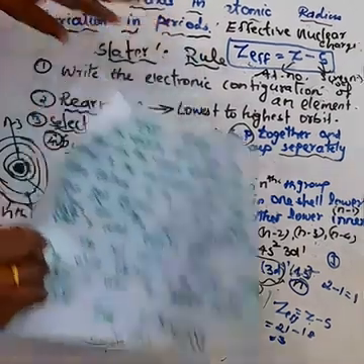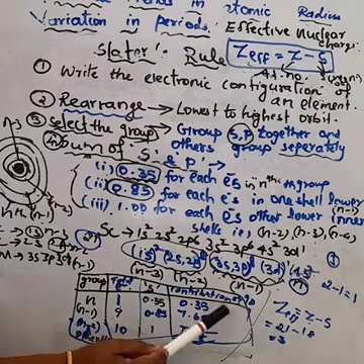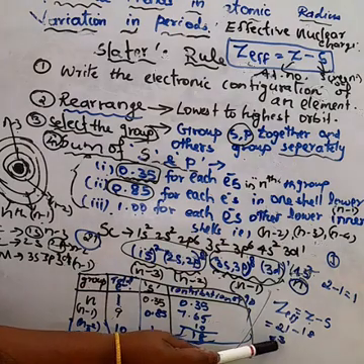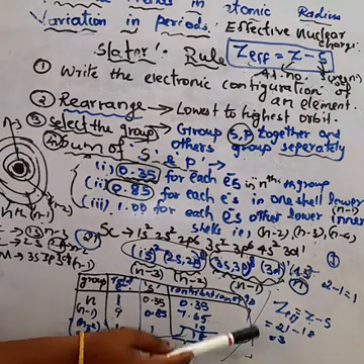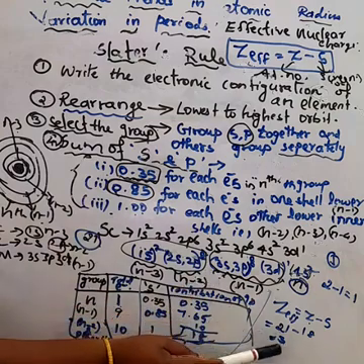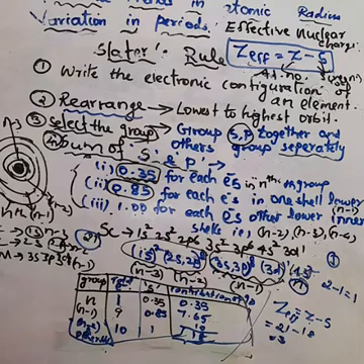Here we calculated the effective nuclear charge experienced by the last 4s orbital. Inner orbitals experience a very high effective nuclear charge. Totally, the effective nuclear charge experienced by the last 4s orbit is 3. Understood?